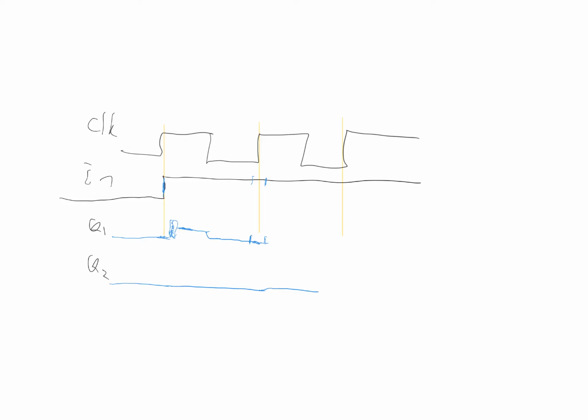So its output is going to change from a 0 through a period of uncertainty and become a 1. And it's going to stay a 1 because at this point too, its input is a constant 1. Our second flip-flop comes along and sees a nice clean 1 here, and so it's going to transition to a 1.